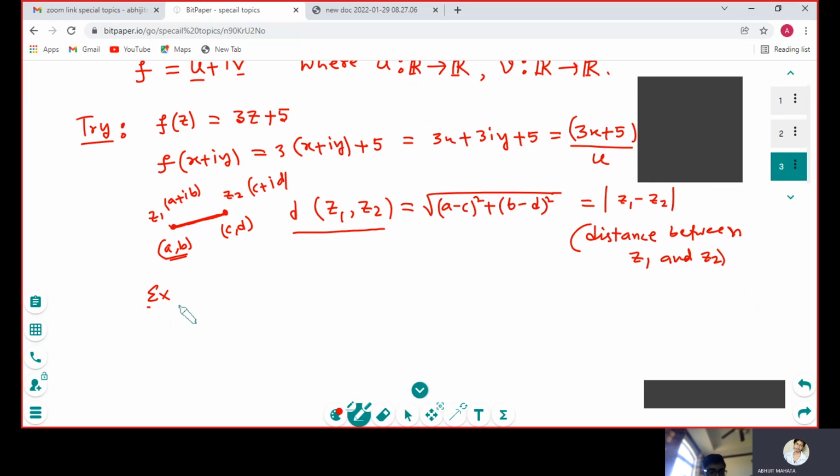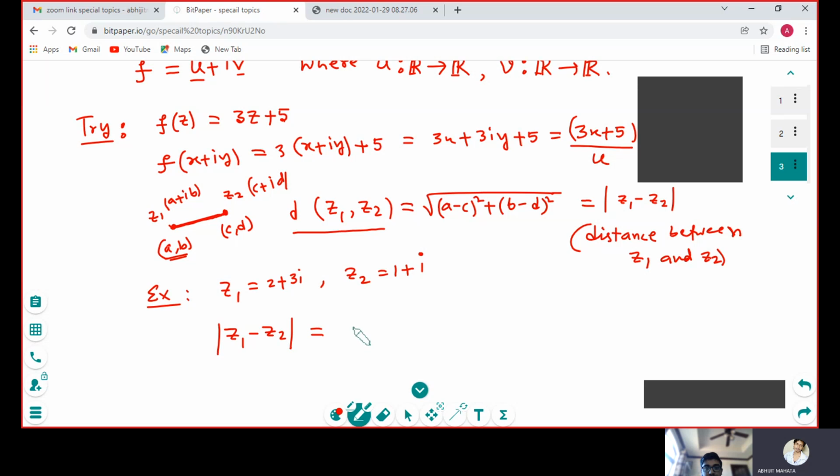For example, take z1 equal to 2 plus 3i and z2 equal to 1 plus i. What will be the absolute value of z1 minus z2? First you subtract: (2 plus 3i) minus (1 plus i), absolute value.